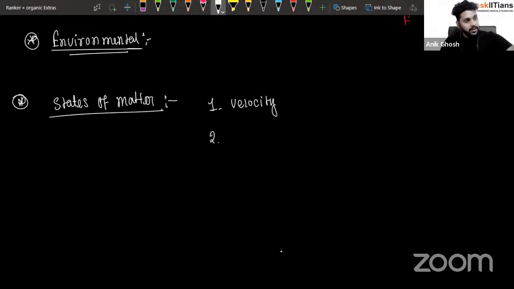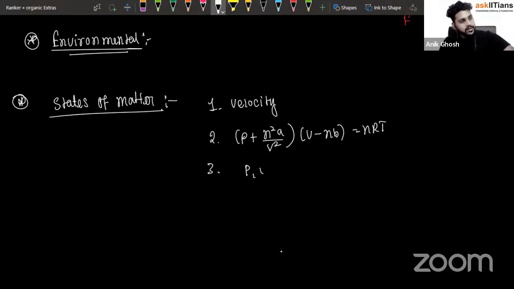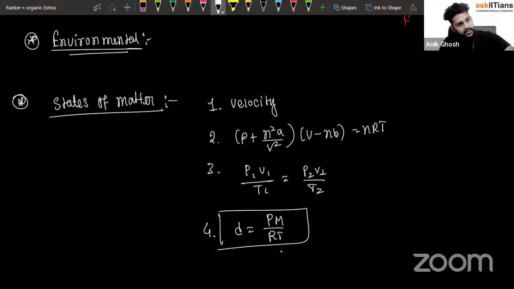Definitely go to the real gas equation, this equation and questions related to this. Charles' law, Boyle's law questions, this equation, the density, finding out the density, PM by RT. In JEE, they ask you questions from there.